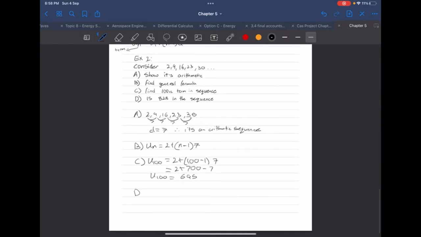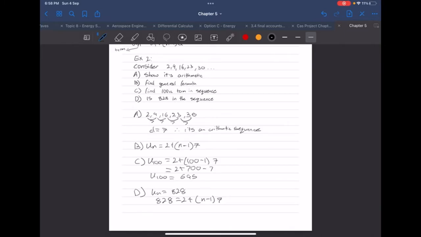And the last part D, to find if 828 is in the sequence, we'll let un equal 828. Now we plug that in. So 828 should equal 2 plus (n minus 1) times 7.